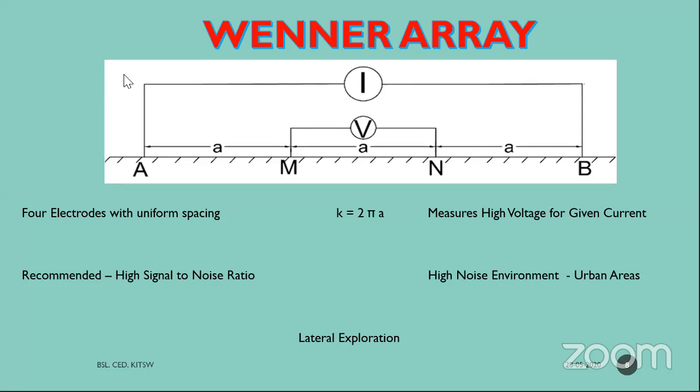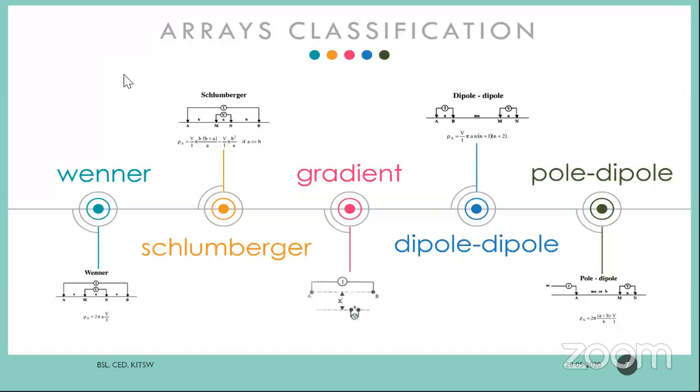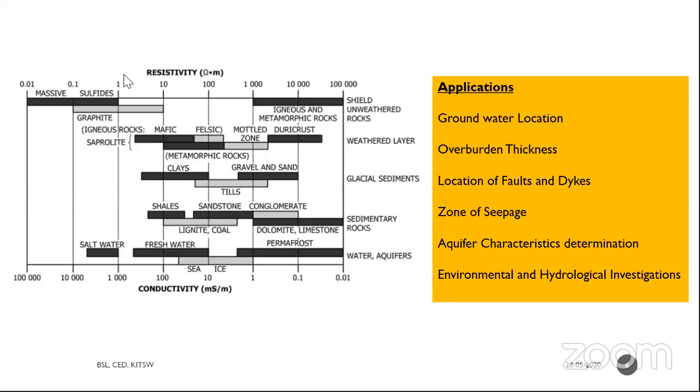Is there any relation with tectonic plate movement that we can observe from this? I told you earlier already. If you see the application, the third point, location of faults and dikes. Continuous observation of movement of tectonic plates is not possible with any method.